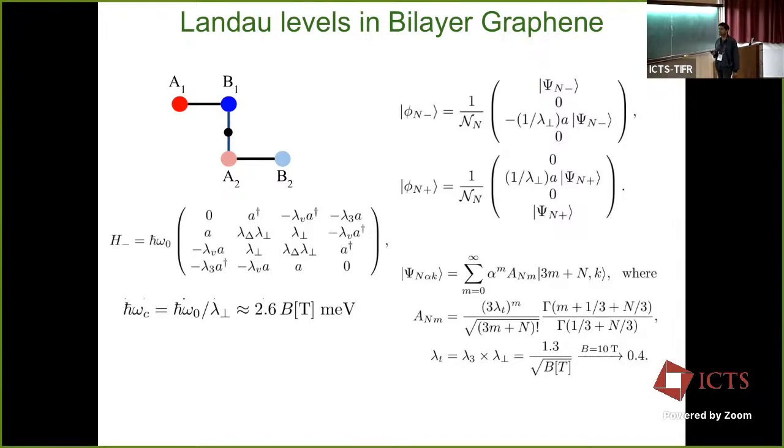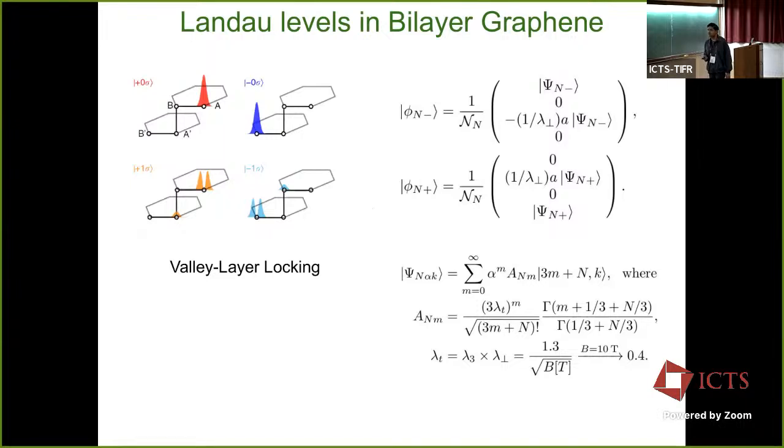I'm not sure that these formulas are very meaningful here, but the point I want you to note is that there is a valley layer locking, in the sense that the states belonging to the plus valley, the 0 and the 1, are predominantly localized on one of the layers, on the A side, with a very, very small weight on the B side of the other layer. And it's the opposite for the other valley. The minus is localized on the other layer.